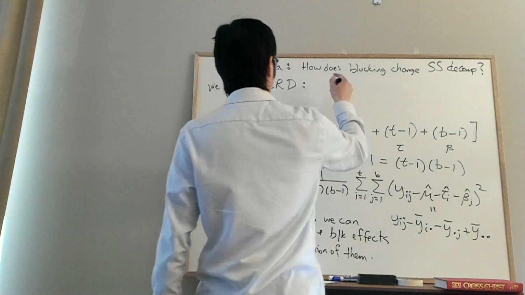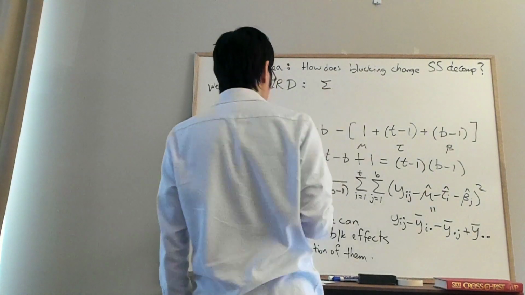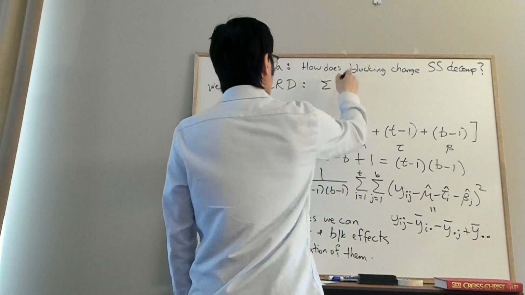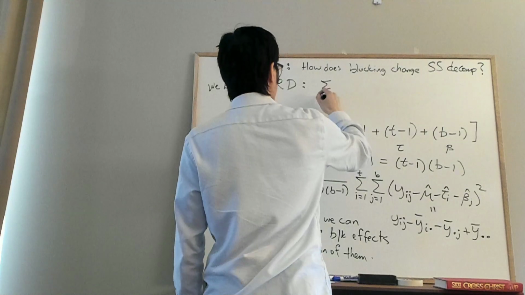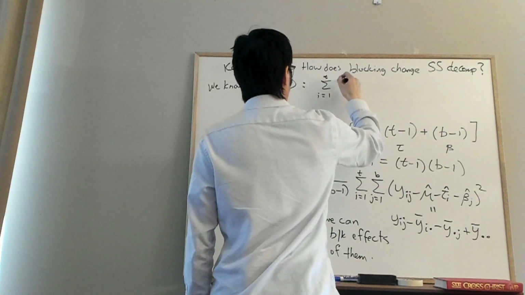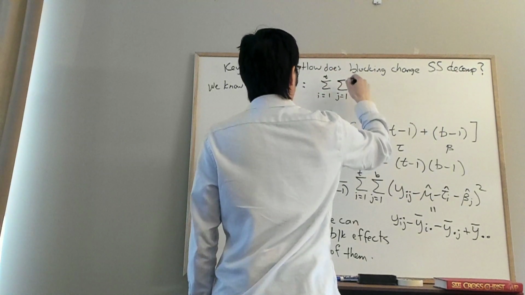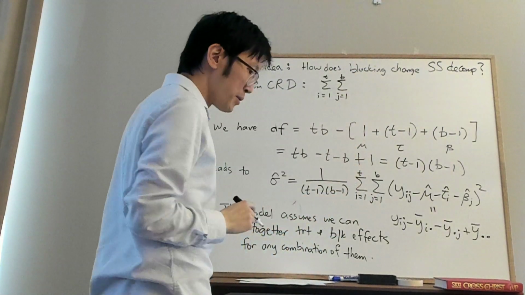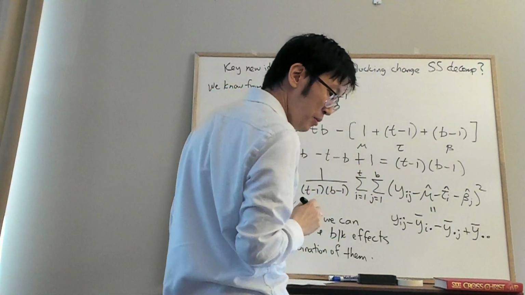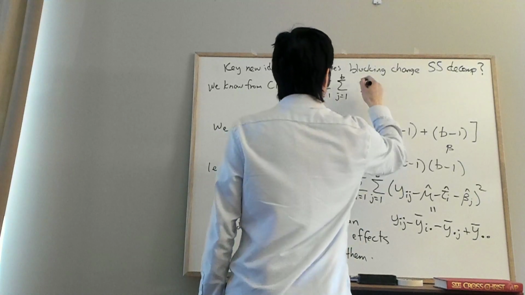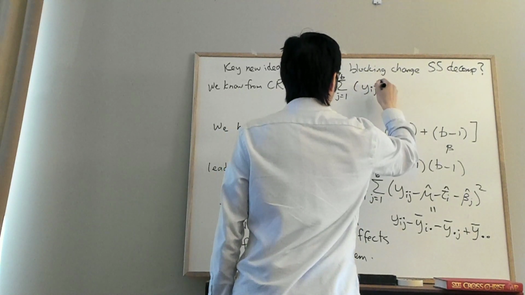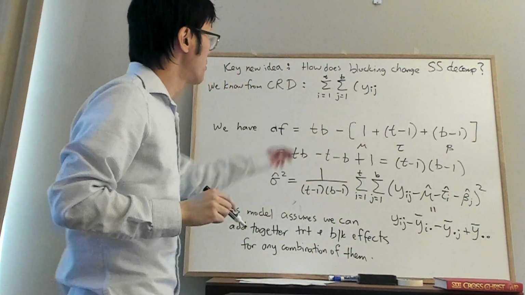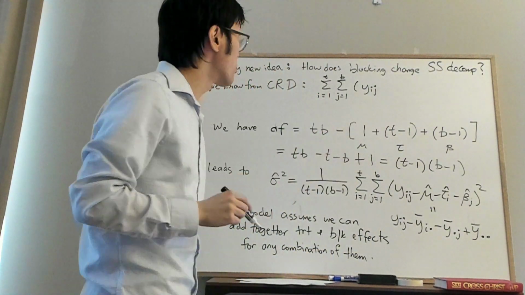So this first part will look exactly the same, except this index will be B instead of R. So we do 1 to T, 1 to B, and Yij. So this thing I'm writing down here is also known as the total sum of squares.